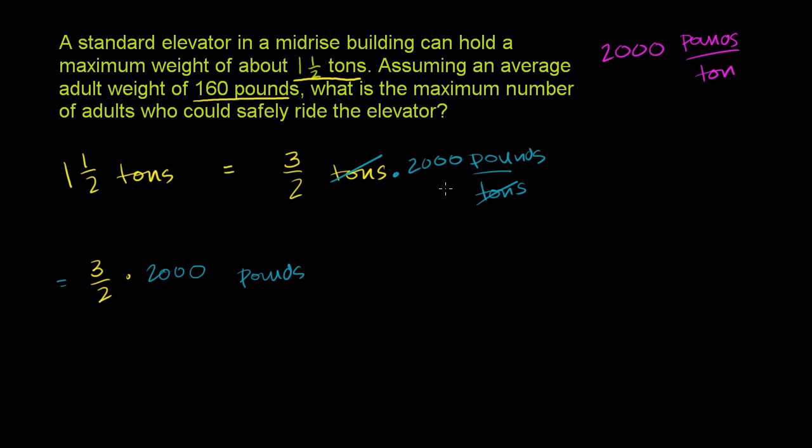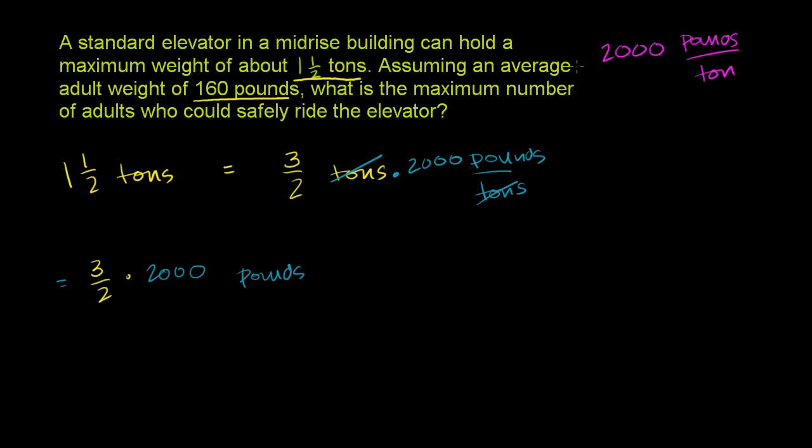If you do it this way, you'll never get confused. You'll know that the units cancel out, so you're getting the right units. But if you just think about it in your mind, it should also make sense. If there are 2,000 pounds per ton, and there are 1.5 tons, I should multiply 1.5 times 2,000 to get the number of pounds. That makes sense.